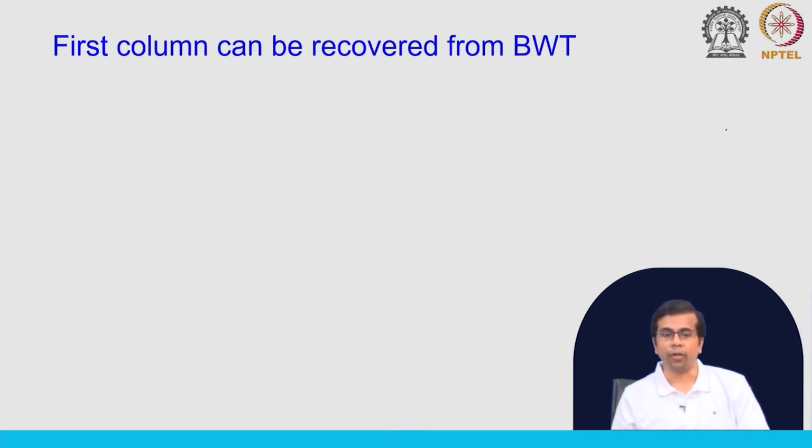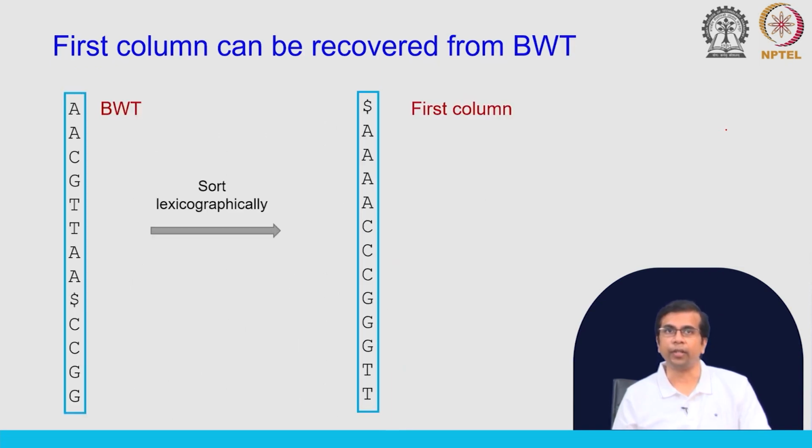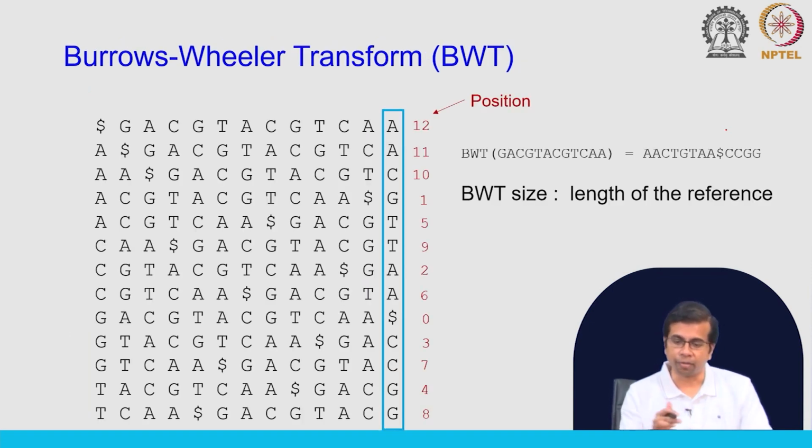Now, what is actually stored in memory? We can simply store this BWT, the last column, and it turns out you can generate the first column of that matrix from this BWT information alone. If you store this column in memory or in a file, because once you have generated this BWT for a reference genome you can store it, every time you have to do mapping, you can simply load that information into memory.